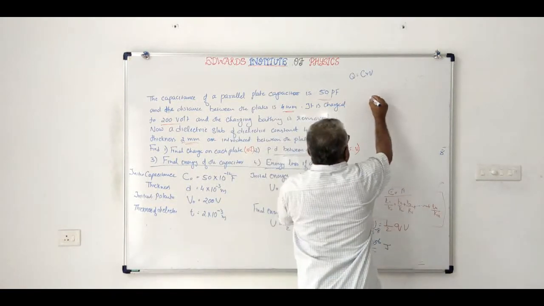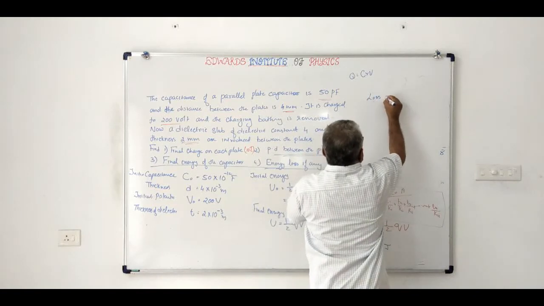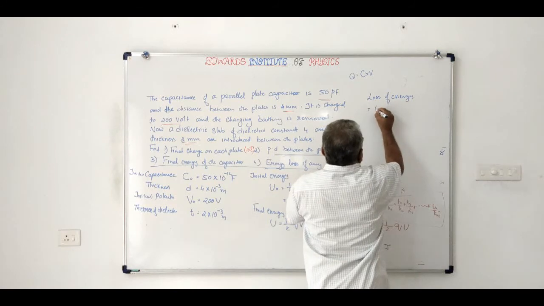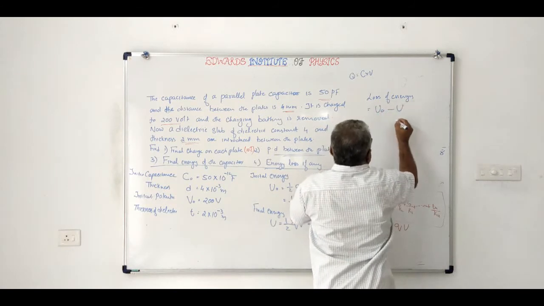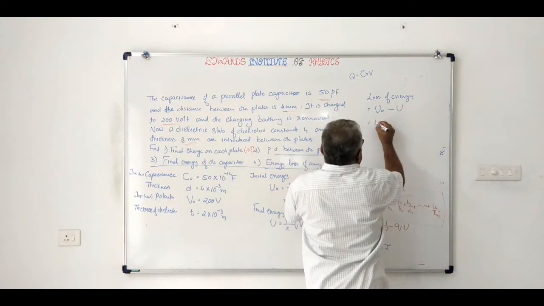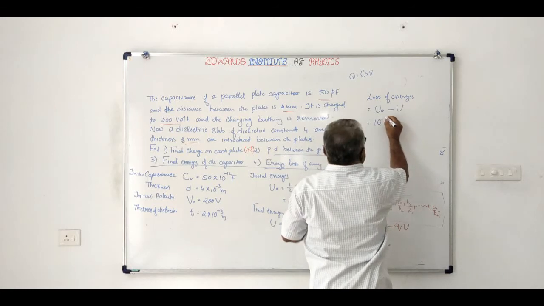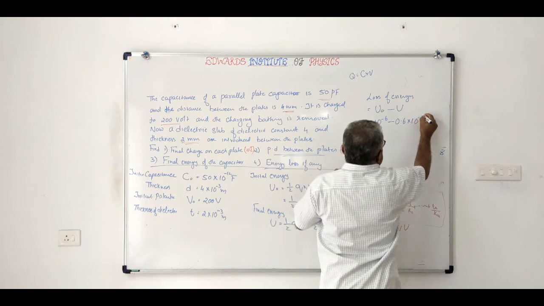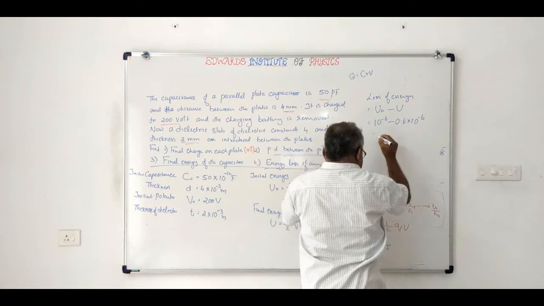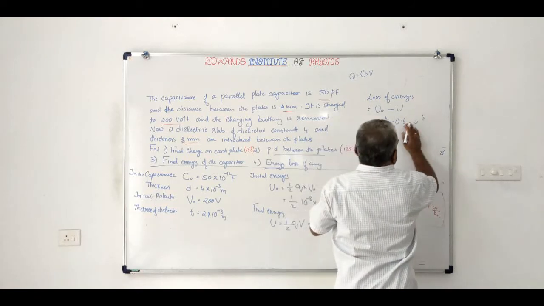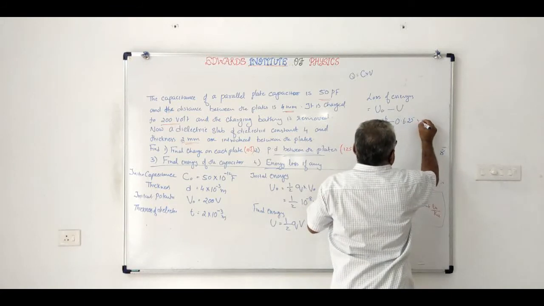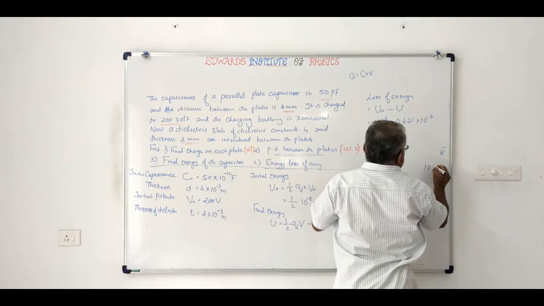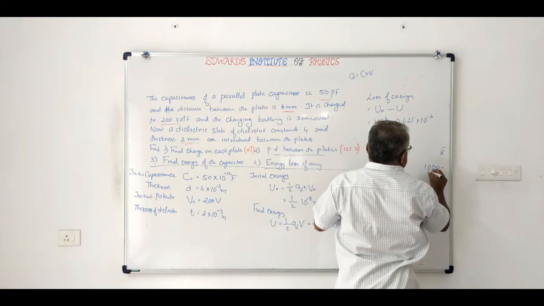So the loss of energy will be equal to U0 minus U, that is 10 raised to minus 6 minus 0.625 into 10 raised to minus 6, which is 1000 minus 625 into 10 raised to minus 9.